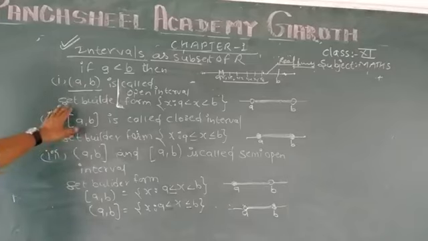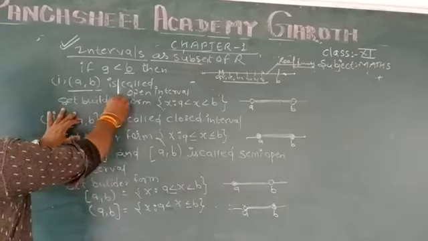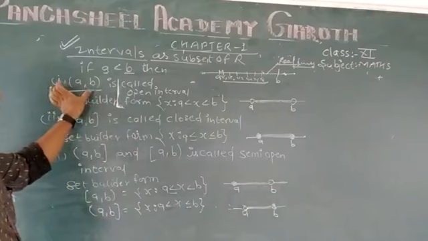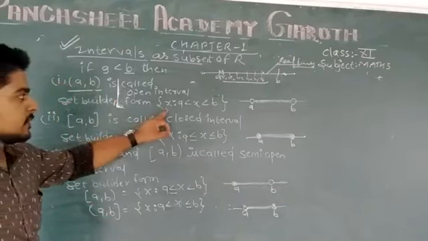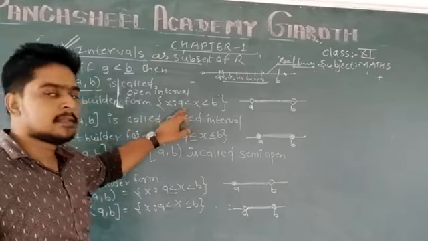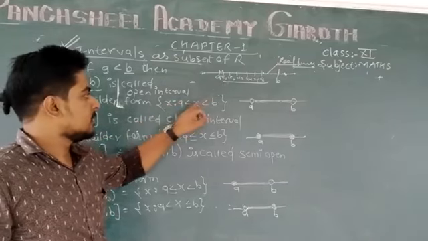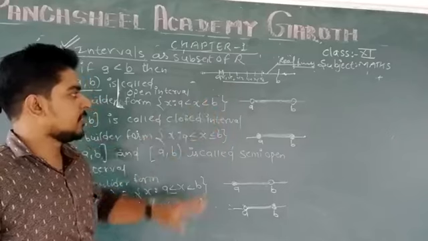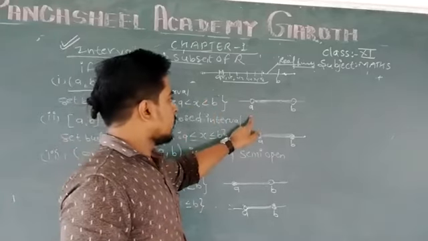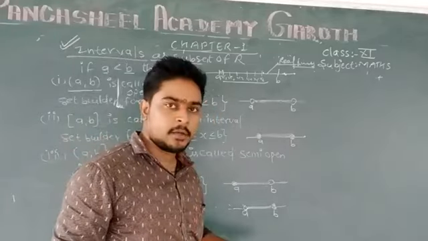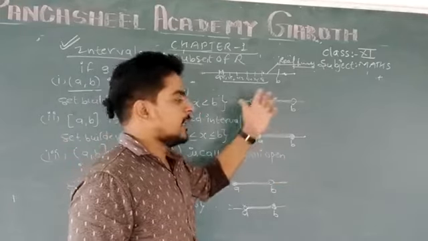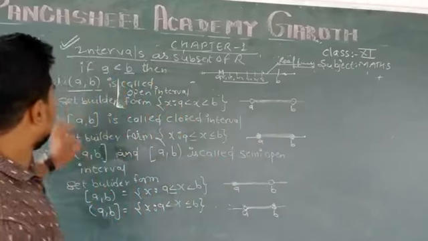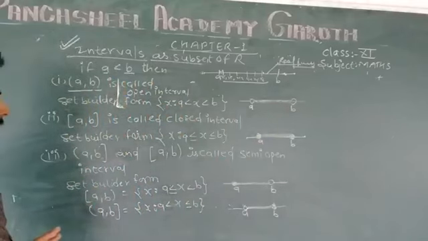And the set builder form of this given interval is represented as x such that x is greater than a but less than b. It means that according to the diagram, a and b are not included in that group, but all the values between a and b are included, and it is called the open interval.